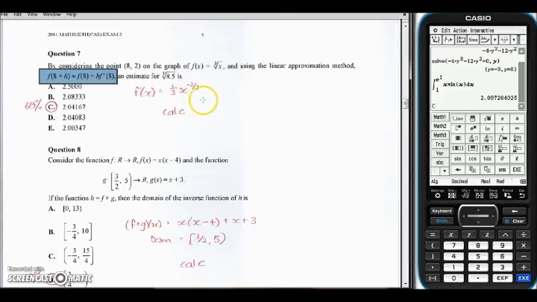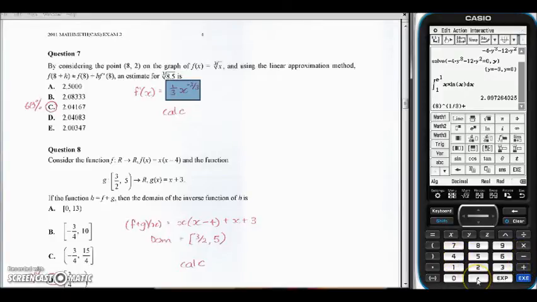I've just done the derivative by hand to save me a bit of time in the calculator. The derivative of the cube root of x is 1/3 x to the negative 2/3. Then on my calculator, instead of cube root, I'll use to the power of 1/3. So we've got 8 to the power of 1/3. Make sure you put the 1/3 in brackets, that's important.